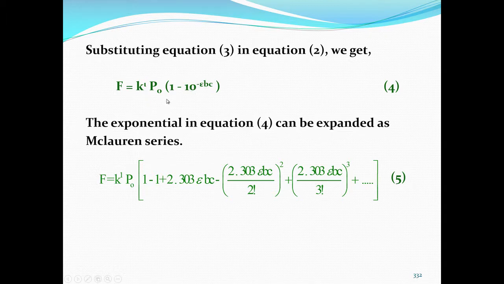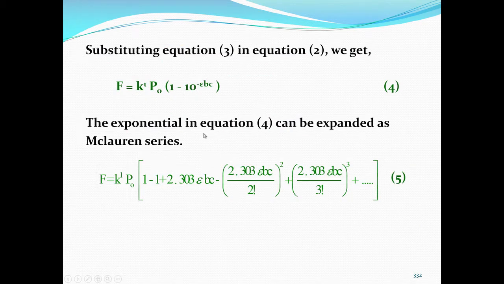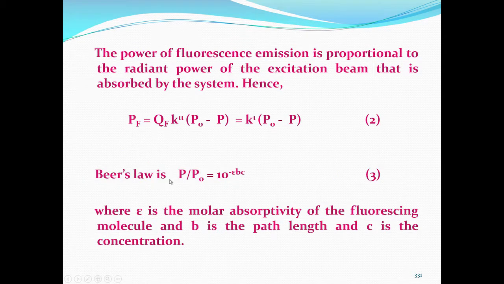This is a very simple derivation resulting from the previous equation and the definition of absorbance. See, P by P naught is equal to 10 to the power of minus epsilon bc. So, if I take out P naught from this, I end up with an expression something like this, P naught into bracket 1 minus 10 to the power of minus epsilon bc, because P is P naught into 10 to the power of minus epsilon bc.